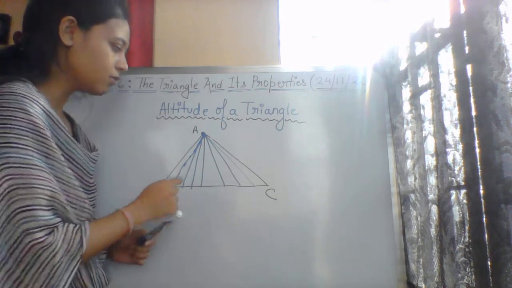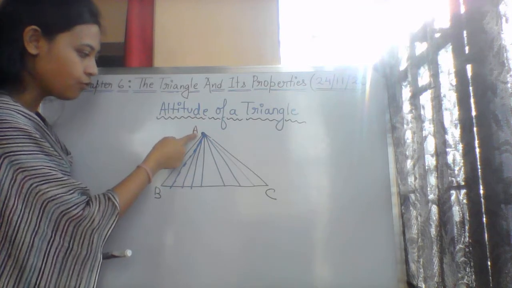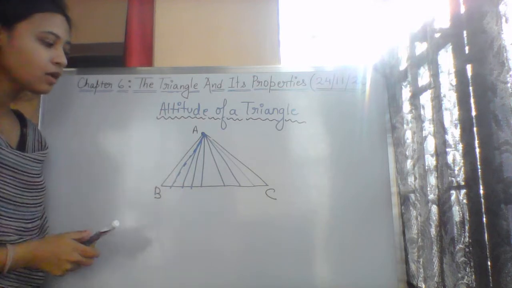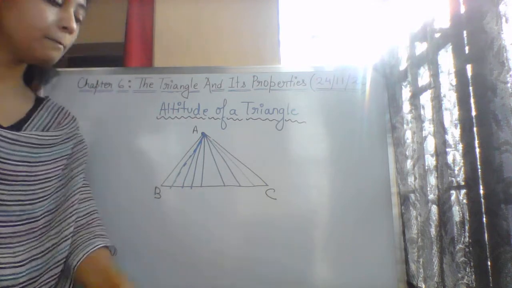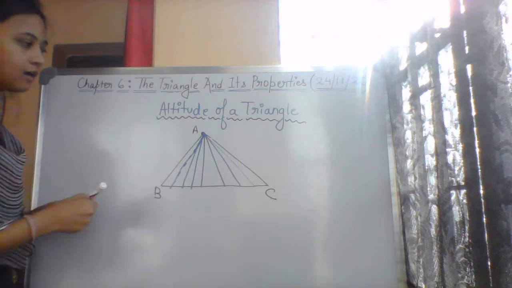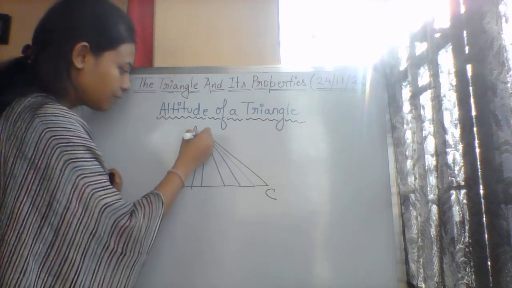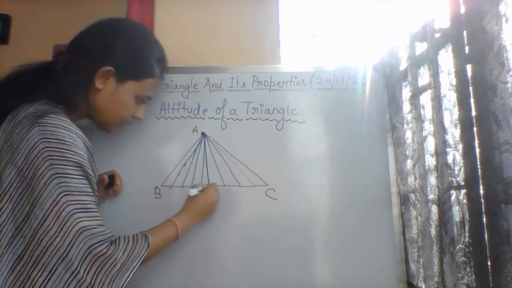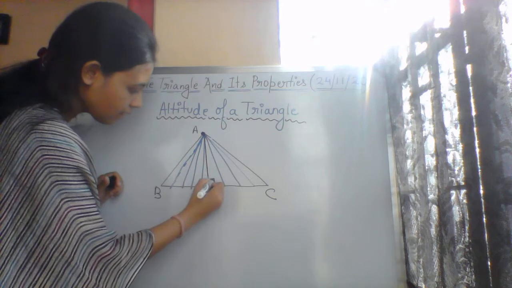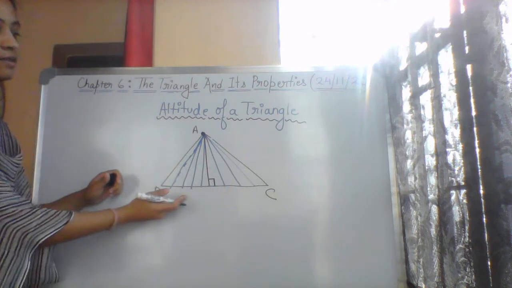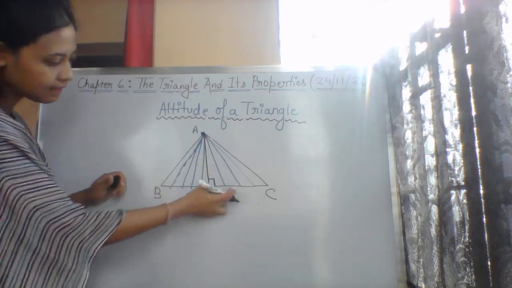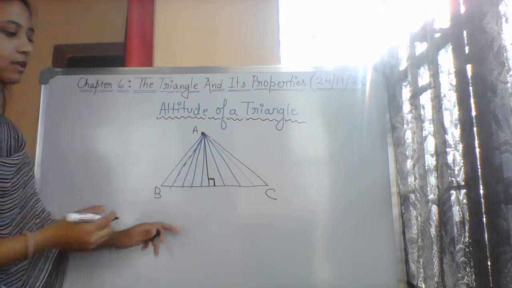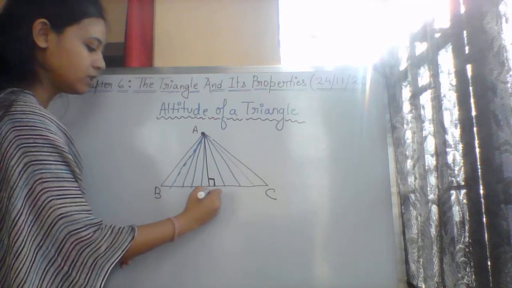According to the definition, it is a line from the vertex to the opposite side, but one more thing we have to mention: it should be perpendicular to that side BC. That line must make 90 degrees with that side. So this line and this line should cut each other at 90 degrees.